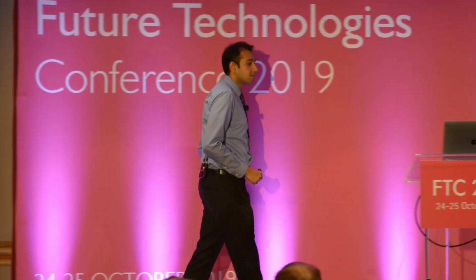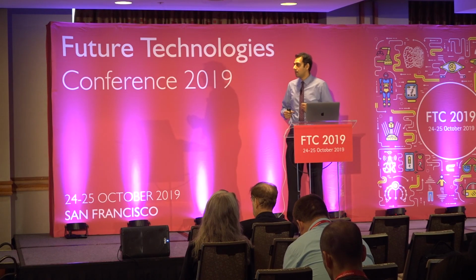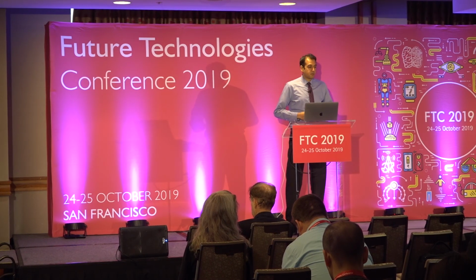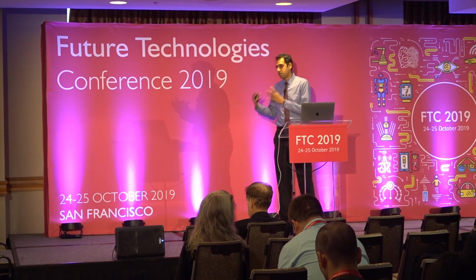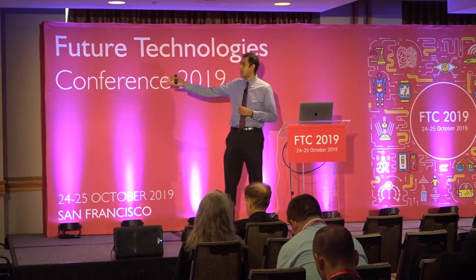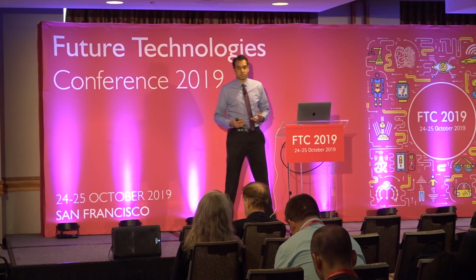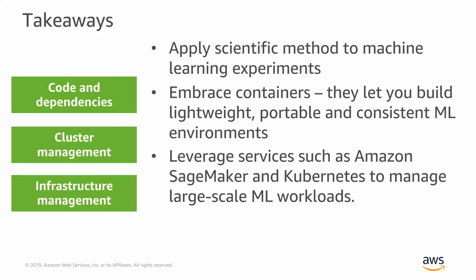And with respect to cost, you can decide if you want to manage your own cluster because you're good at managing costs on your cluster, or you want to use something fully managed like Amazon SageMaker, where you just pay for what you use.